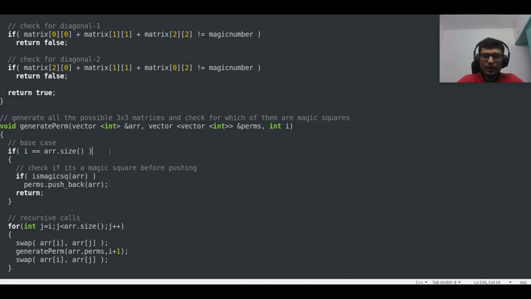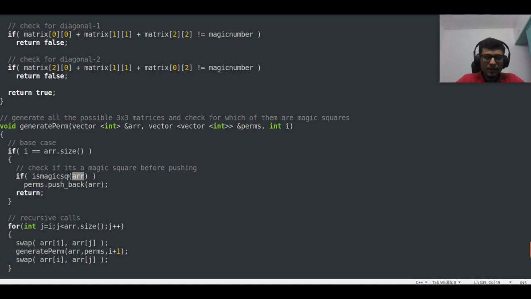Okay, so for this problem, which is generating all the permutations for the given set of numbers, we hit the base case when the value of the index variable i reaches the size of the array. We discussed this in the previous video when we were generating all the permutations for the given input string. When we hit the base case, we have one particular permutation in our hand, and we pass that permutation to the isMagicSquare function.